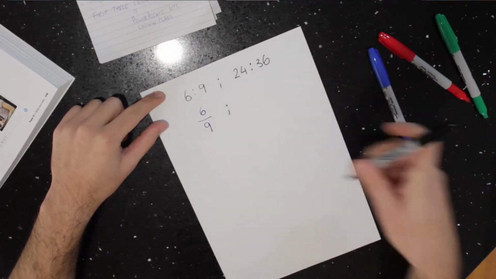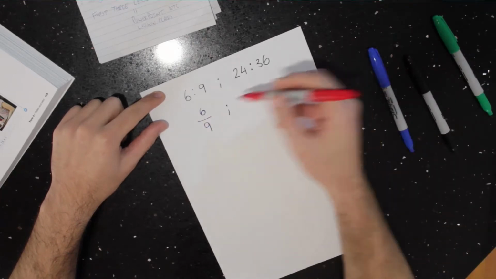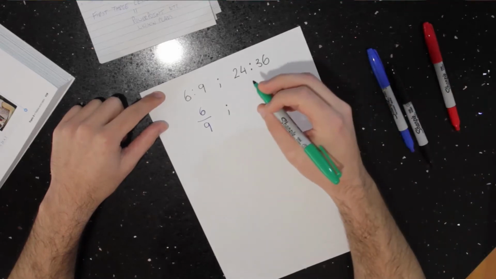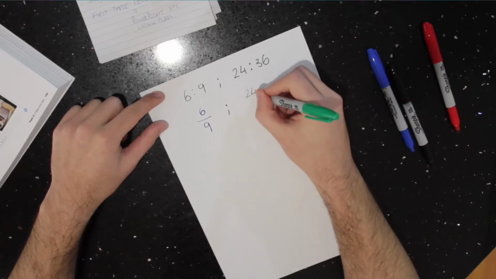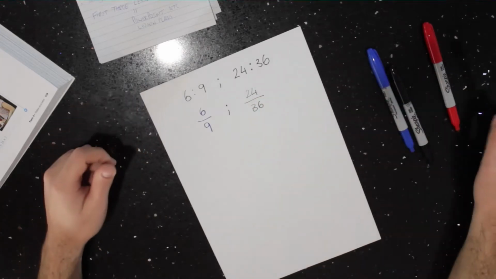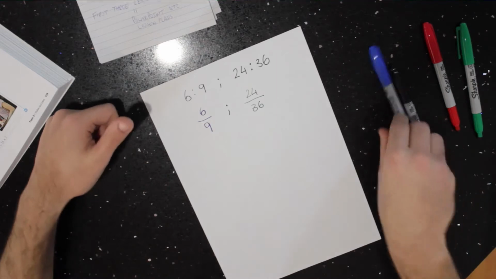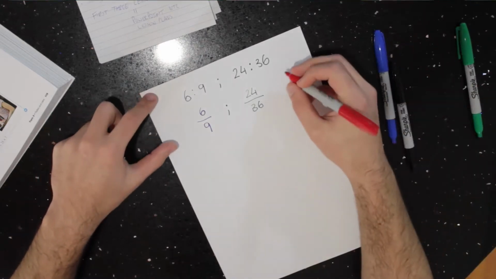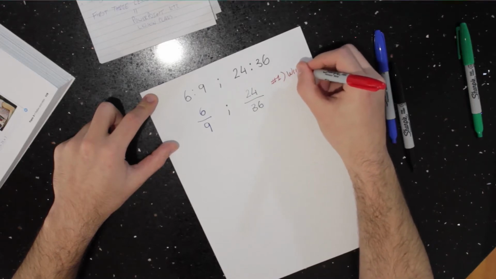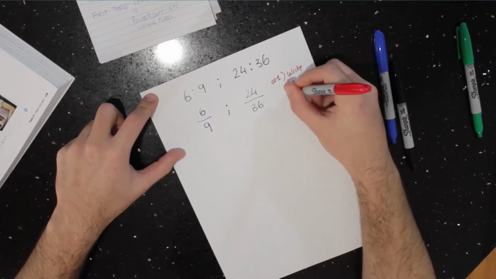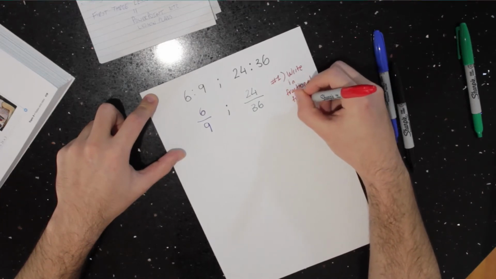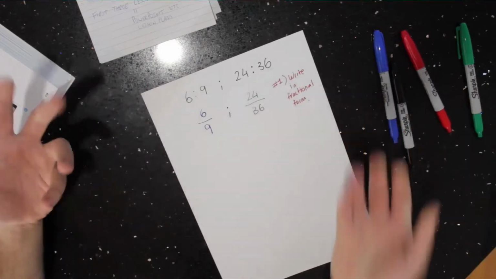Again, I'm going to put my semicolon because this isn't another ratio, we're comparing them. And the other one has 24 on top and 36 as our denominator. So step number one, write in fractional form. I've done that.